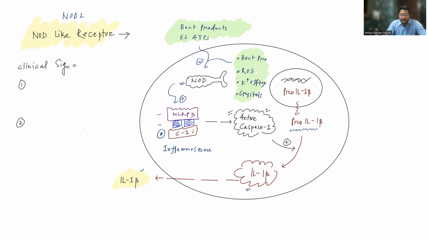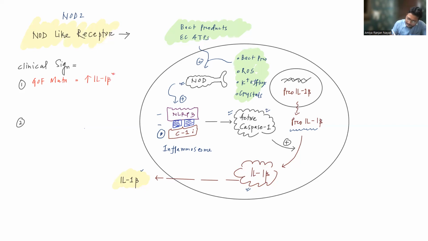Now we'll discuss some clinical significance of this type of receptors. The first one is what is going to happen if there is a gain of function mutation of the NOD-like receptor. From this discussion, you can understand that it is going to produce unregulated interleukin 1 beta.